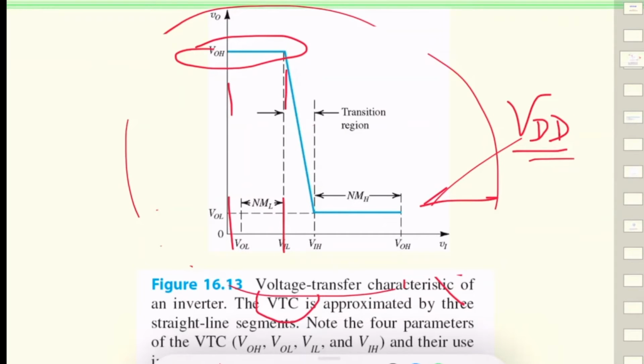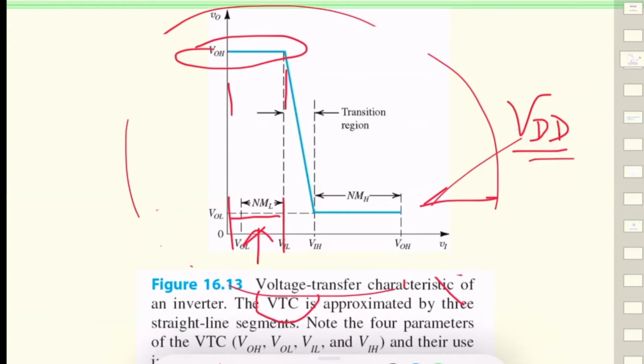So that insensitivity of the inverter output to the exact value of the input voltage gives me a bigger playing field in digital circuits as compared to analog circuits. An analog circuit would not have this kind of insensitivity; a small fluctuation in the input would result in fluctuation on the output.